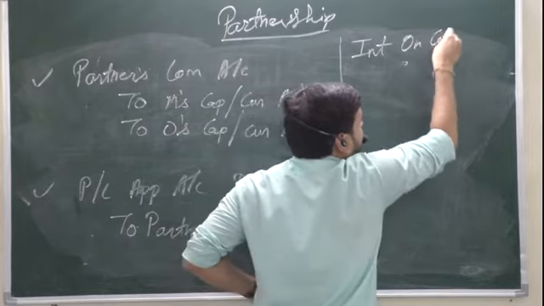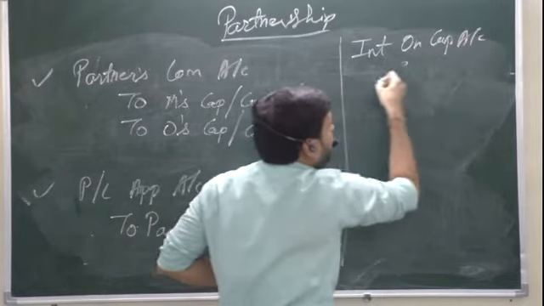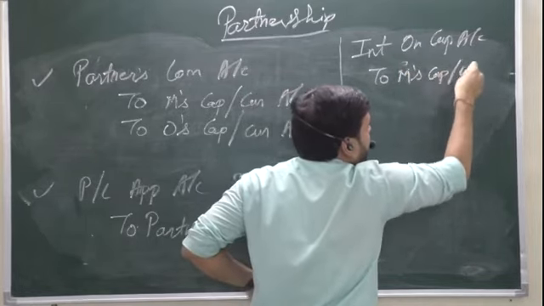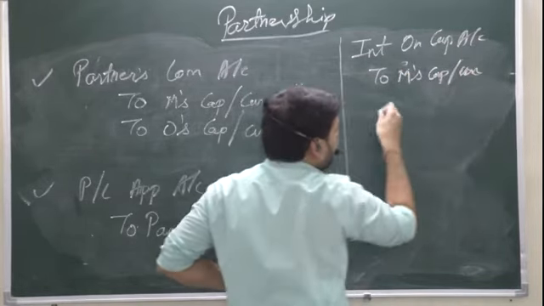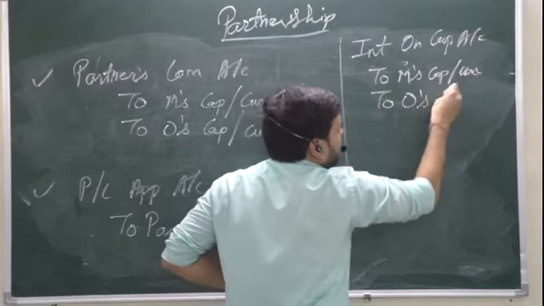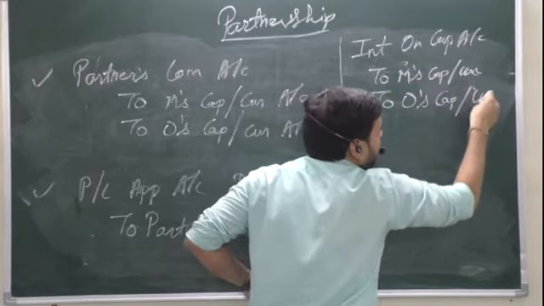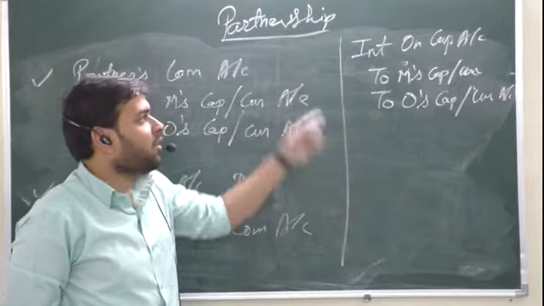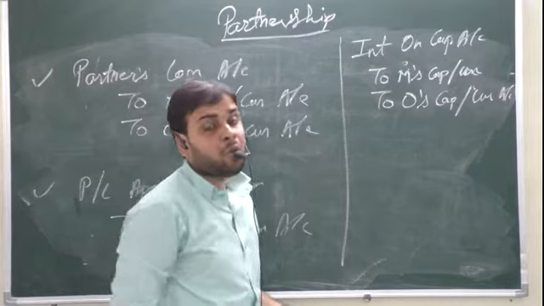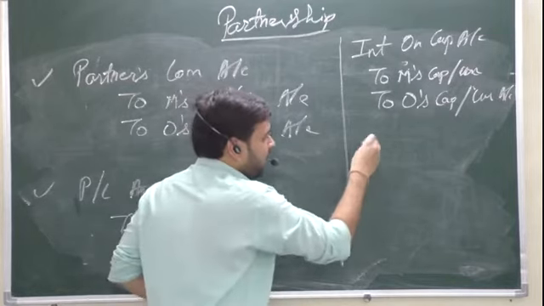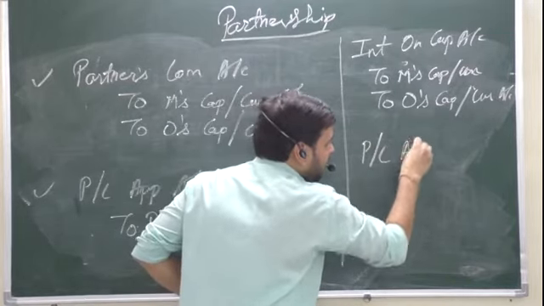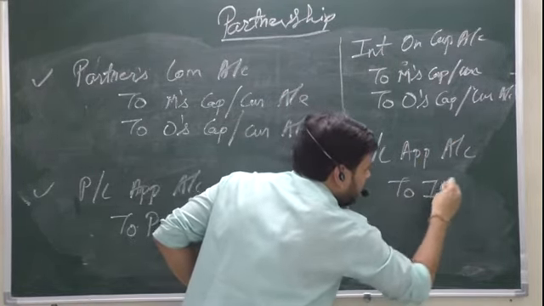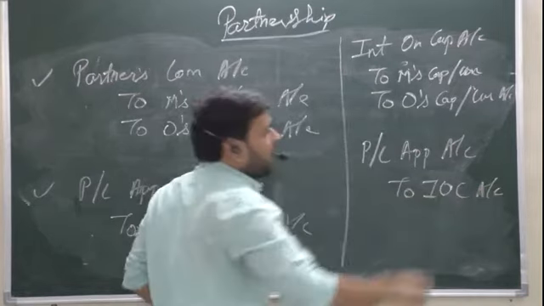So Interest on Capital Account debit to M's Capital or Current Account, to O's Capital or Current Account. In the same manner, the interest on capital will be transferred to the P&L appropriation account. So the entry will be P&L Appropriation Account debit to Interest on Capital Account.